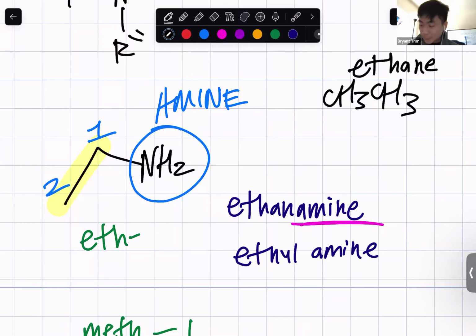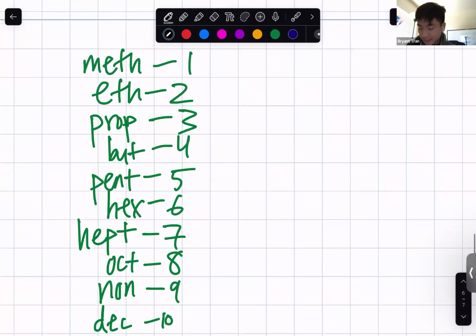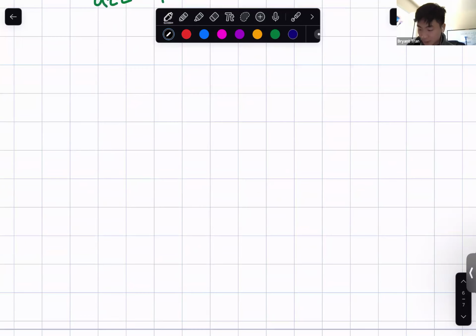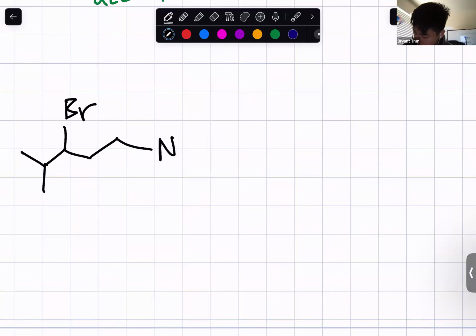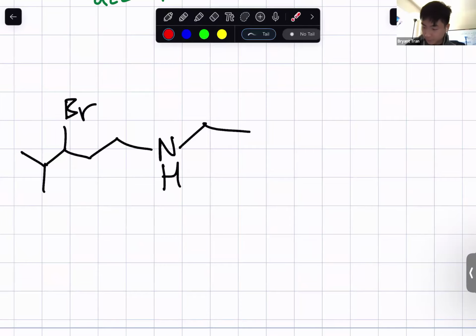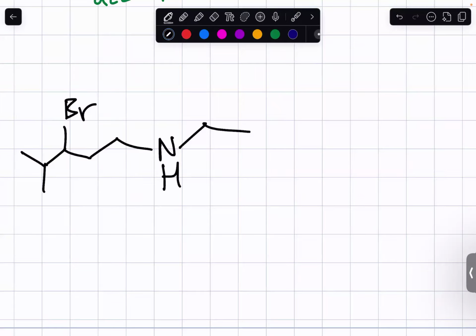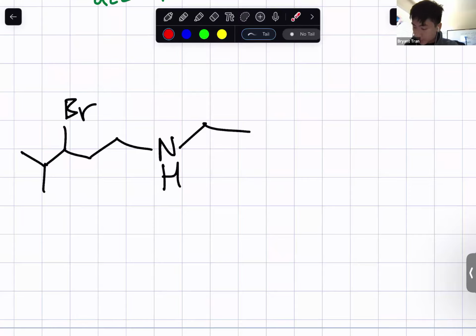Okay. Now it can get more complicated if we get a secondary amine. Like for example, if we have something like this, and we have more groups attached to it. Now, what is the highest priority group here?